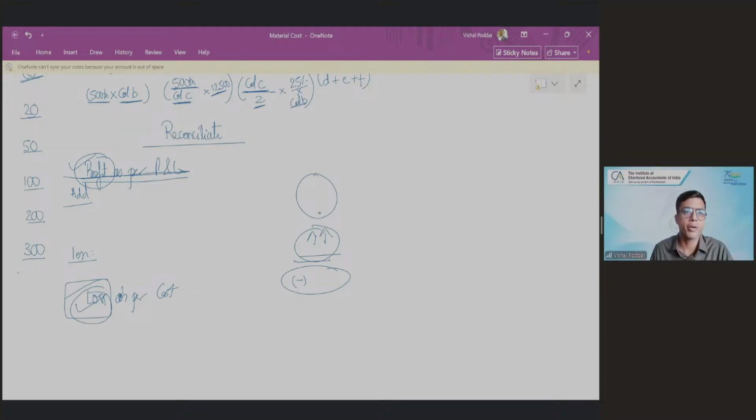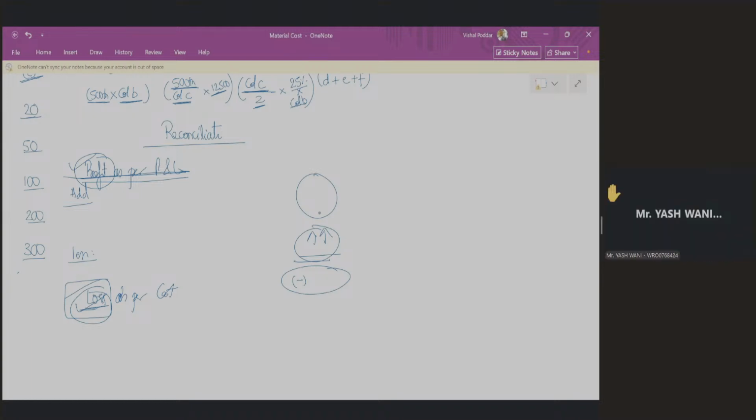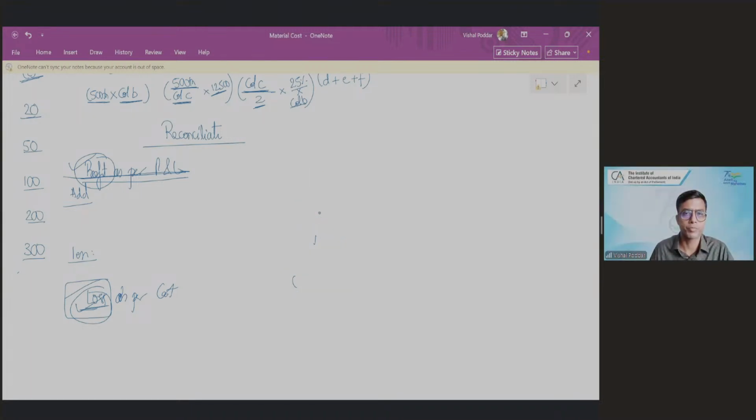Excellent. It means, beta, you are saying loss is given, right? Yes. So now you will put all the values: the opening, which is a profit balance, a positive balance, the closing, which is a negative balance, and whatever figures you have identified for add and less. But there is one figure which is missing. You will identify this when you put all these values.